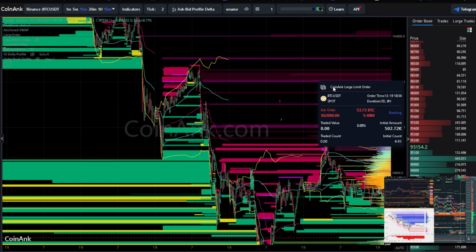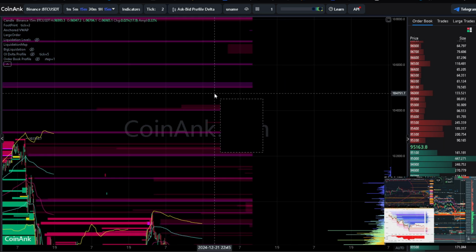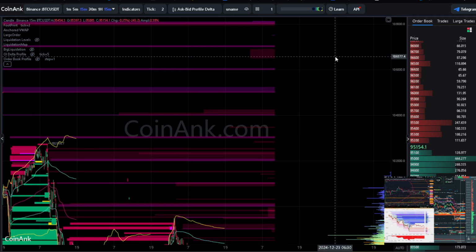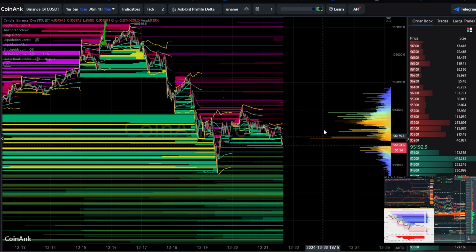It could have just come right back in. Honestly, it's kind of hard to read orders on CoinAnk, but it gives you a good idea of putting it on the chart with the rest of your technical analysis.